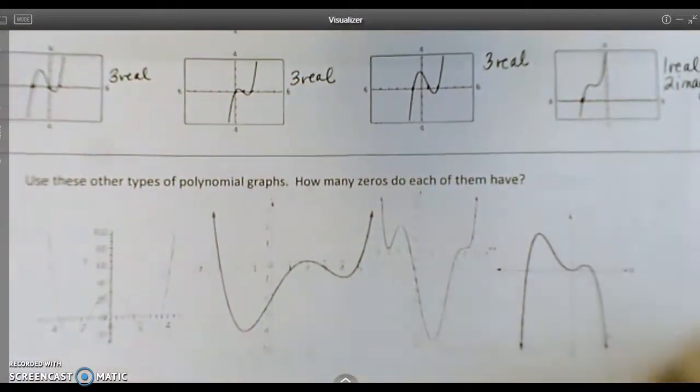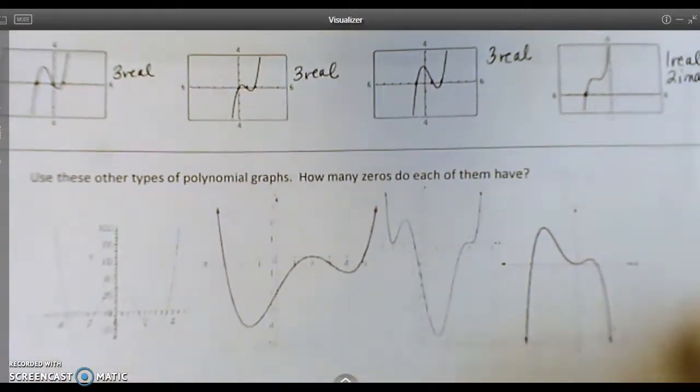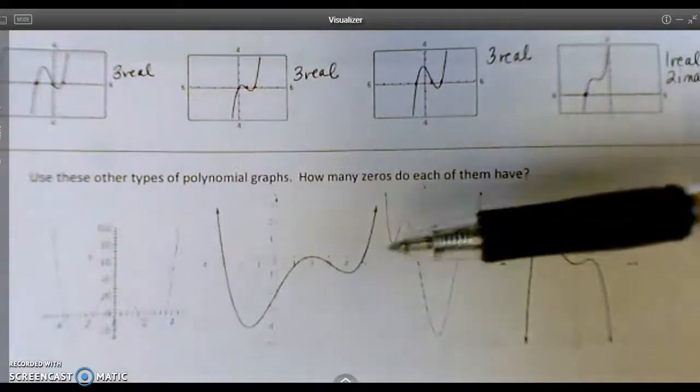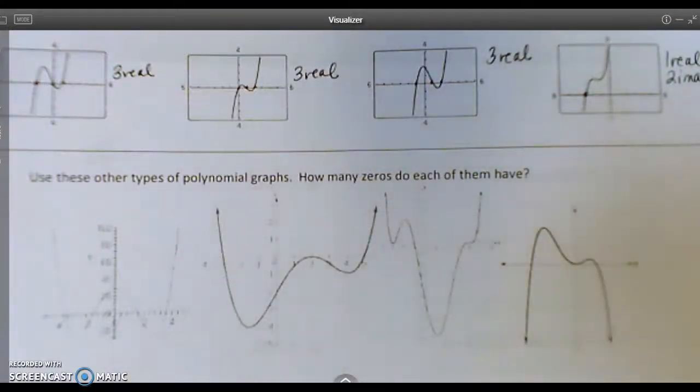But here's some more, and I know the graphs are kind of light, but I think we can still look at it. These, I'm telling you, are quartic, or, yeah, I think all of them are quartic. They might be more than a quartic, I'm not sure. But we'll look at how many zeros they have, and that will tell us whether it's quartic or not. That'll tell us what the highest power is.